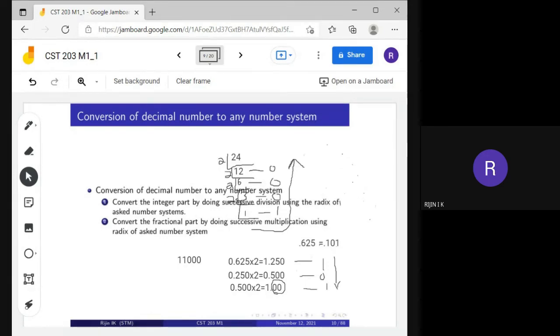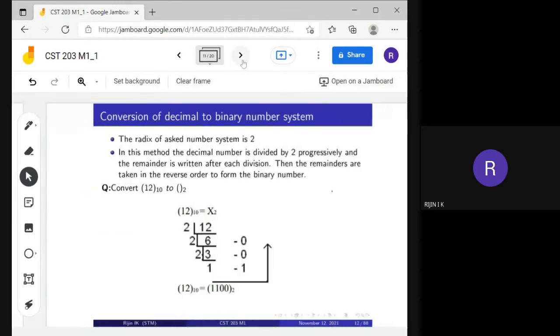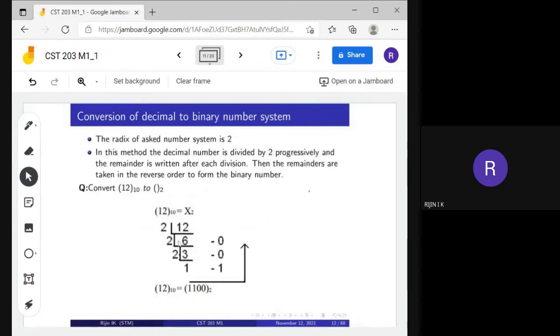Have you got the logic? What did we have to do? For the integer part, we had to perform repeated division, and collect the remainders in the reverse order, from bottom to top. Then that will be the corresponding binary number for the integer part.